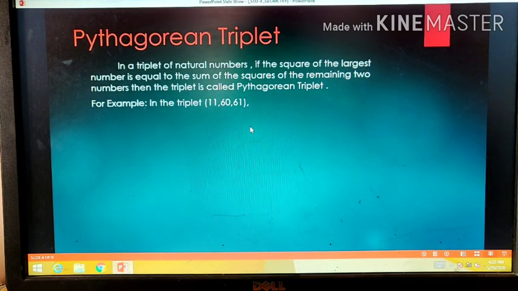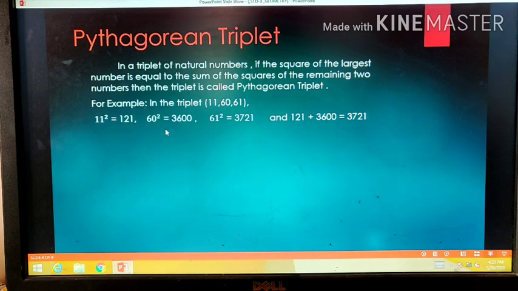Let's see with an example. For example, take the numbers 11, 60 and 61. In these three numbers, which is the largest number? 61. Yes. So the square of 61 is 3721. And the squares of the remaining two numbers are 11 square is 121 and 60 square is 3600.